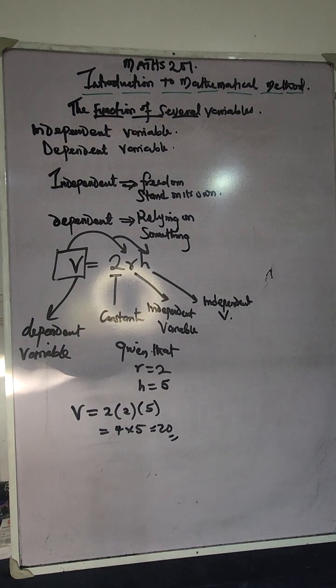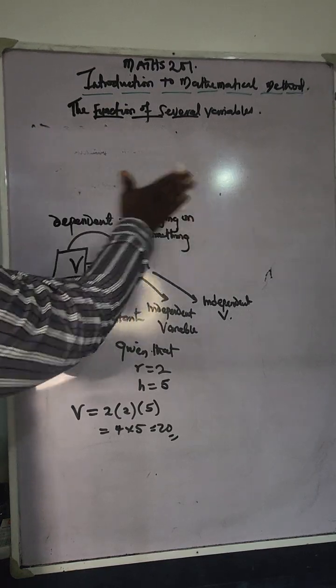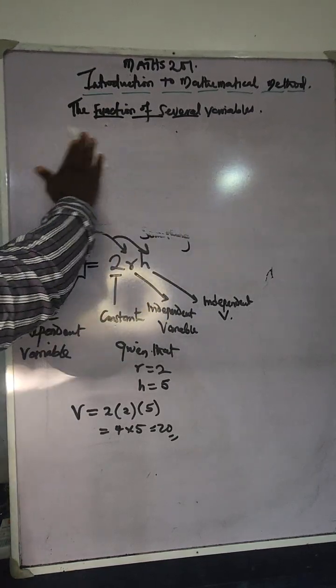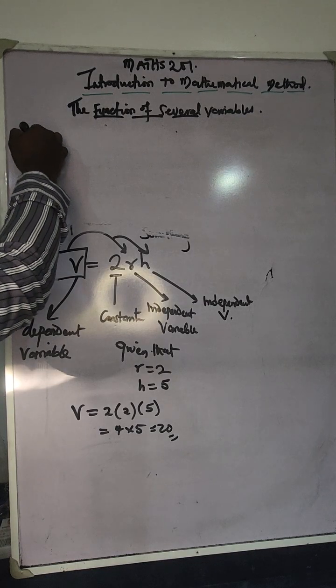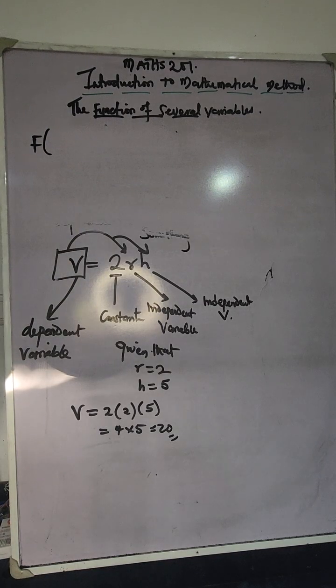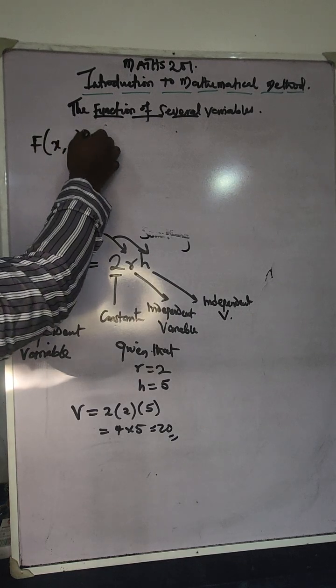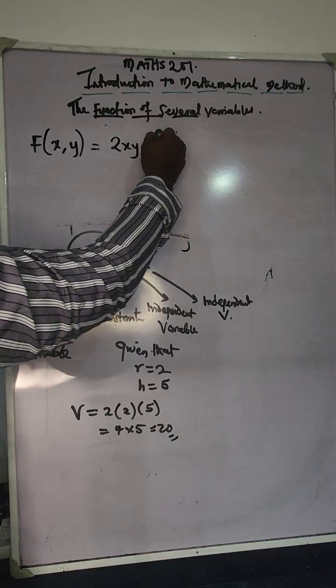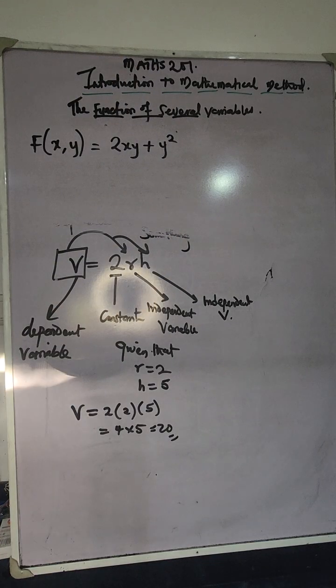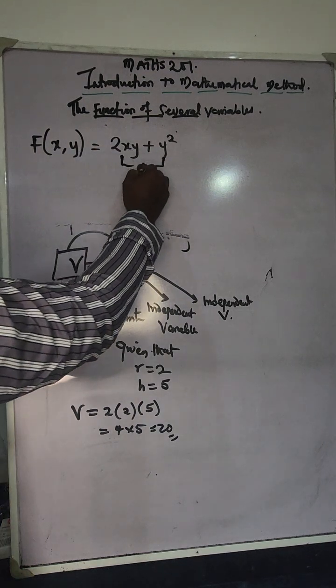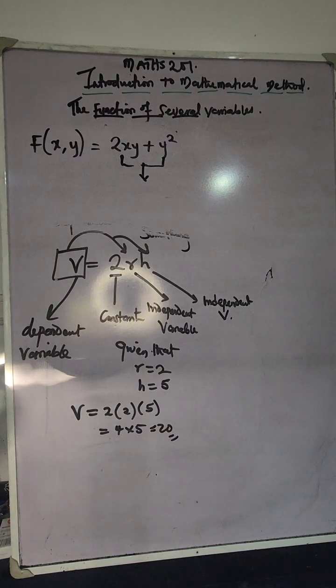All right? So as we progress into the calculation, we discovered that a function f can contain many independent variables. For example, a function can contain this: 2xy plus y squared. This is a function. What it simply means here is that this particular function has two independent variables.